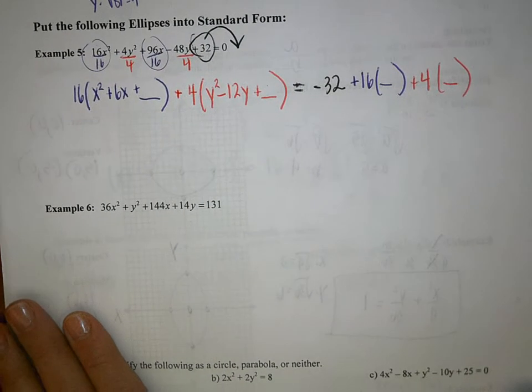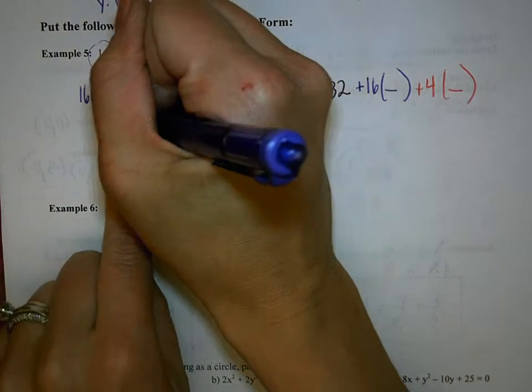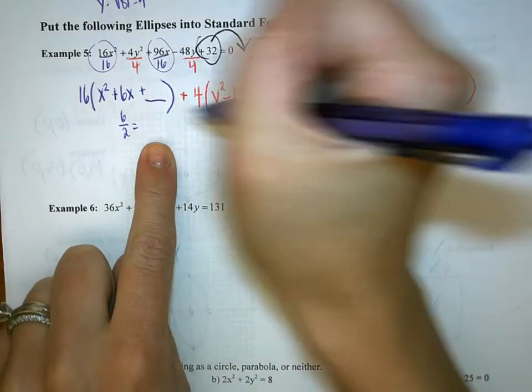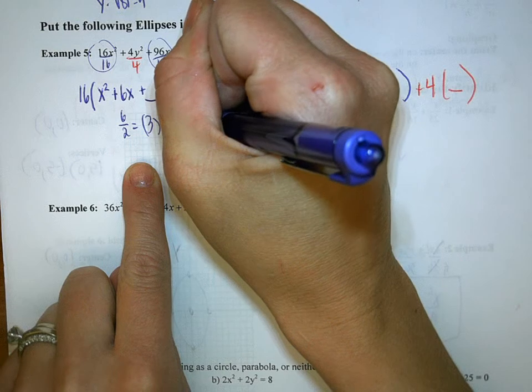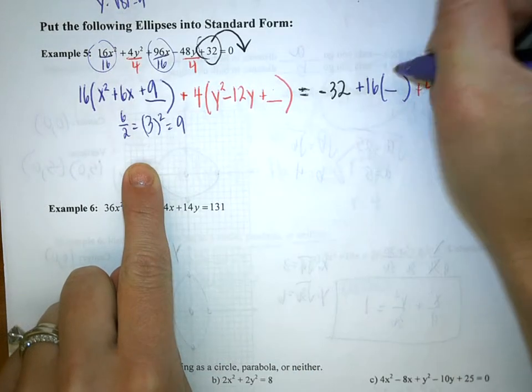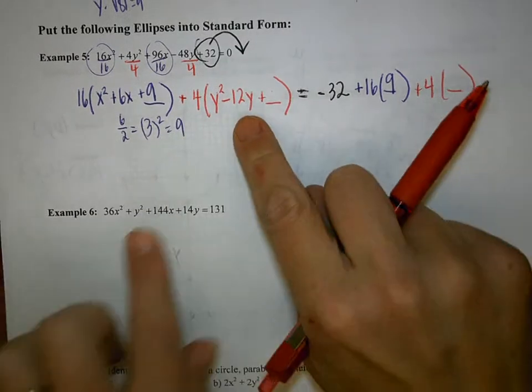Other questions? No? Okay, so what's my next step here? Good. 6 divided by 2 is 3, and then 3 squared is 9. So 9 goes into each of these blanks. Okay? What do I do on this one now?